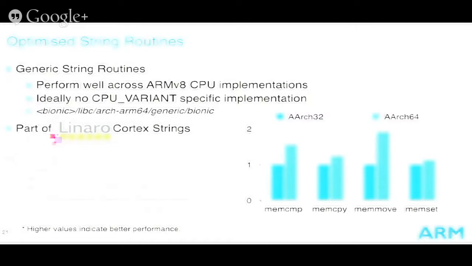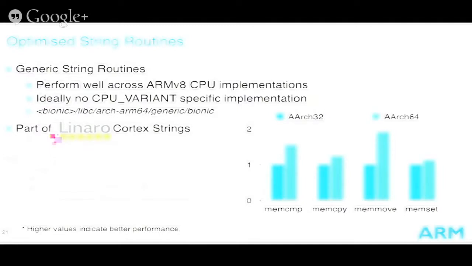Another important part of Bionic are the optimized string routines. Here I would like to thank Linaro for their work in implementing these string routines and upstreaming them to AOSP for the ARM64 port. I would like to take some time here and discuss the generic implementation. This is what we use for ARM64 compared to ARM32.